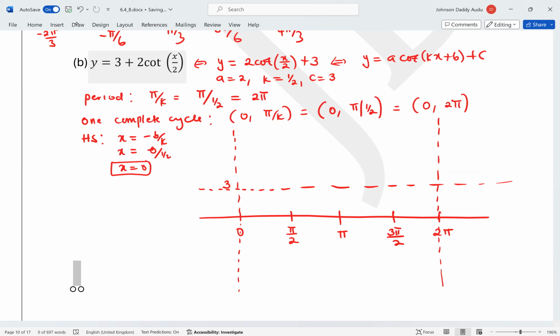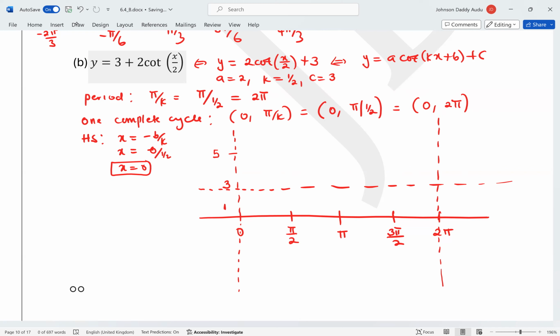So this is our baseline and our a is 2. So we will have to go here, which is going to be 5, and from the baseline you also have to go down 2, which is going to be 1, right? Yes.